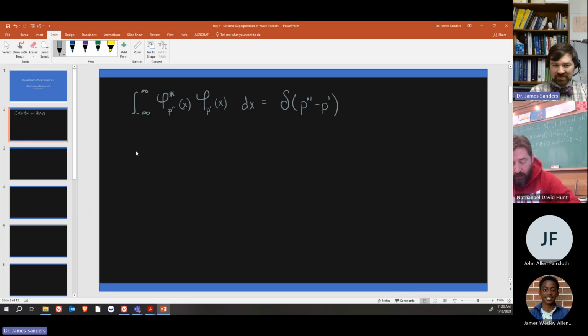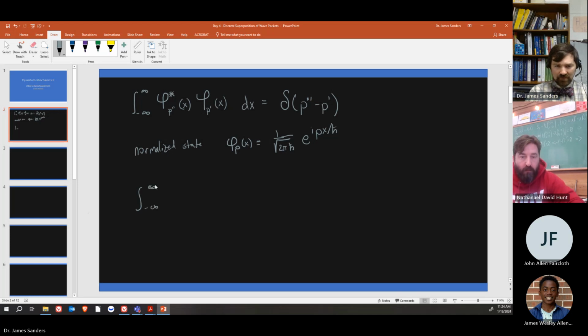Now our normalized states have this form: phi p of x is 1 over the square root of 2 pi h bar, e to the i p x over h bar. So this is, of course, an inner product.